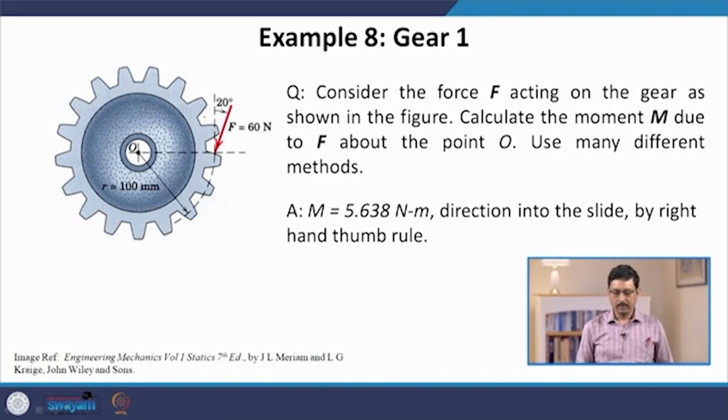But in this problem, what is the problem? Consider the force F acting on the gear as shown in this figure. The problem is to calculate the moment M due to F about the point O. So, the pivot point is mentioned. Take the center of the gear as the pivot point, the force is given, calculate the moment.